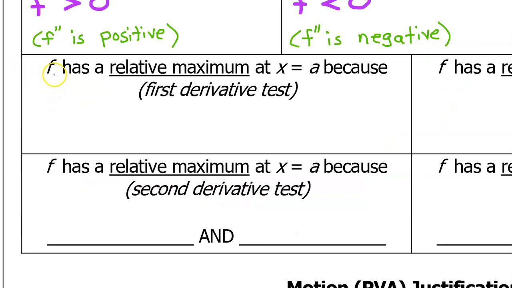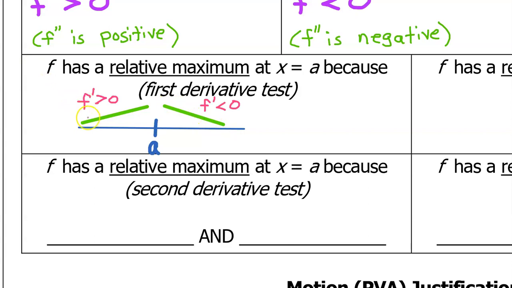How do we justify f has a relative maximum at x equals a using the first derivative test? We learned that f will have a relative maximum at x equals a if the function is increasing to the left of a and then decreasing to the right. Wherever function f is increasing, f prime will be positive.